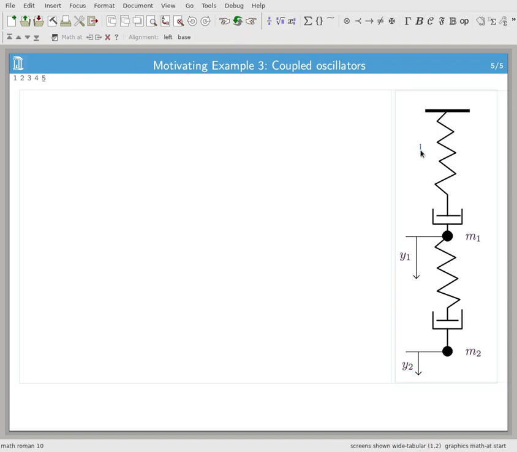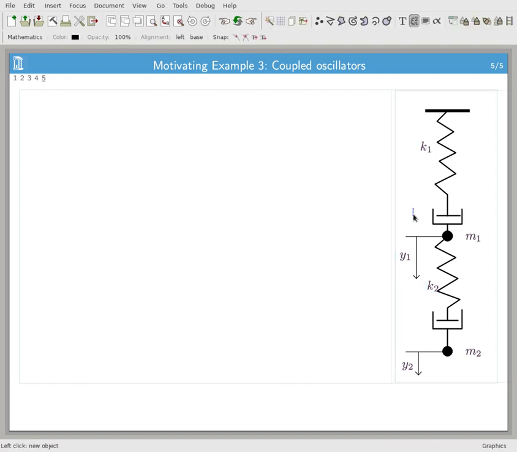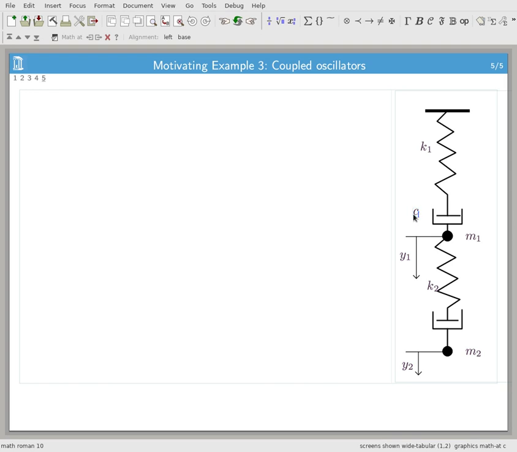The springs are characterized by spring stiffnesses K1 and K2, and the dampeners are characterized by a dampening or friction coefficient C1 for the first one and C2 for the second one. Now we will assume that the dampeners have essentially zero length, such that the distance y2 minus y1 actually gives me the elongation of spring 2 with respect to its equilibrium length.